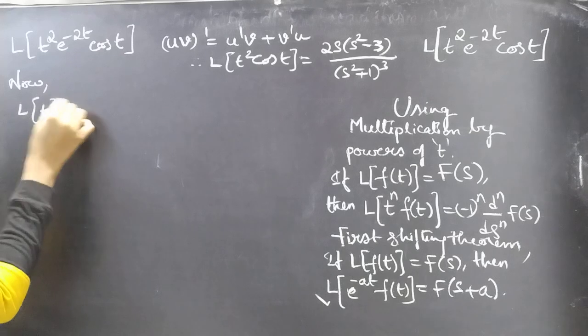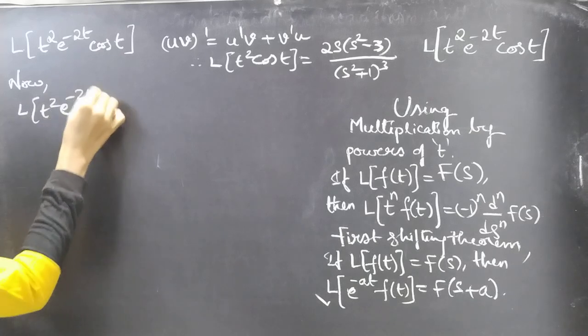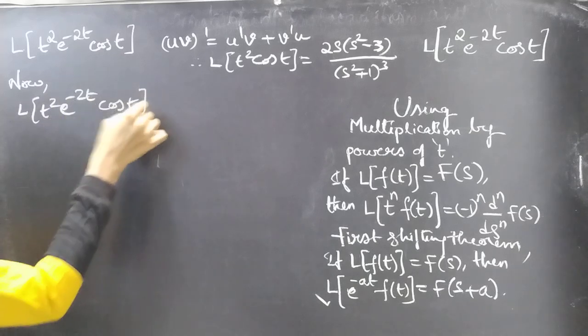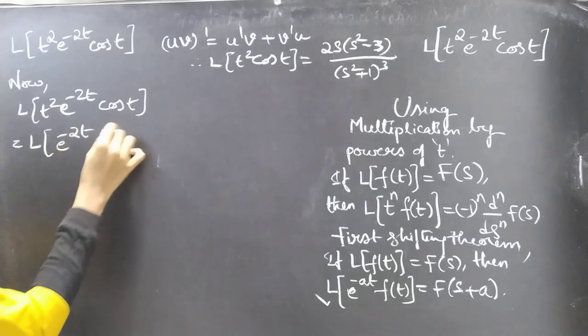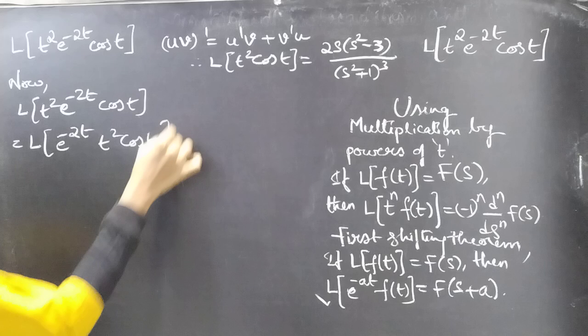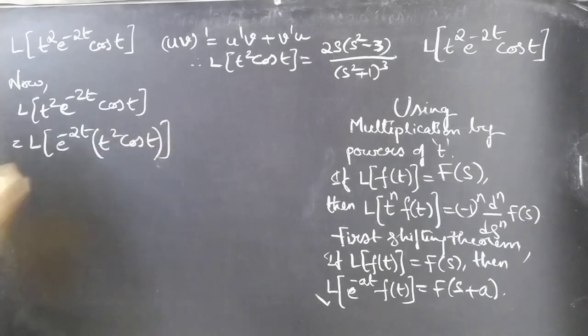L of t square e power minus 2t cos t. We can write this as L of e power minus 2t into t square cos t. Consider t square cos t as one function, right? Now, we'll apply the first shifting theorem.